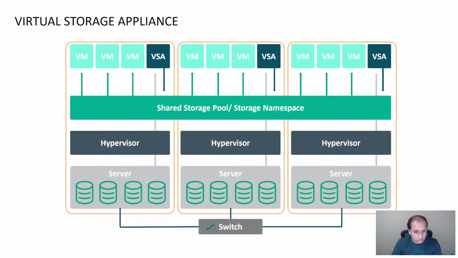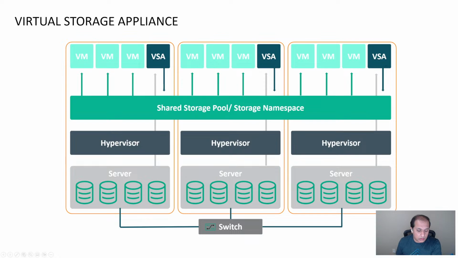Virtual storage appliance architecture. Let me go through each one of these subcomponents so you can understand this. The orange box that you see is an individual server. It may be an HP, Dell or Supermicro server, and they usually run a hypervisor. It can be ESXi, a VMware-based hypervisor, or a KVM, kernel-based virtual machine hypervisor, which comes with any of your Linux distros.